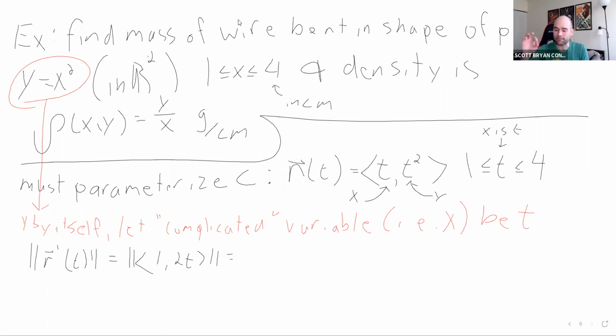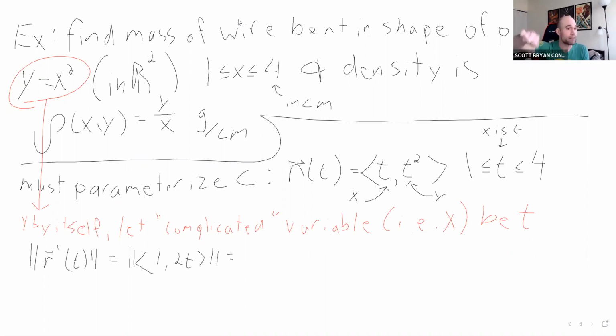No, t is, no. So we have the curve y equals x squared. So if we're in R2, there are only two variables. If you can get one of the variables by itself, in this case y, we let the complicated variable, the x in x squared, be t.